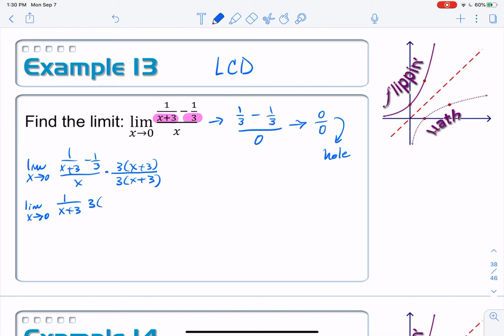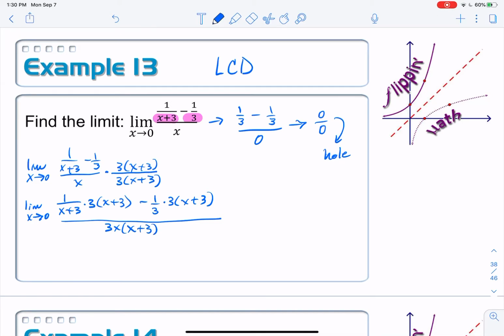So I'm going to multiply the 3 times x plus 3 on the first term, and then minus 1/3 times 3 times x, all over, and just like we did before, leave it in factored form. 3x, I'm just going to rearrange them, x plus 3 on the bottom.